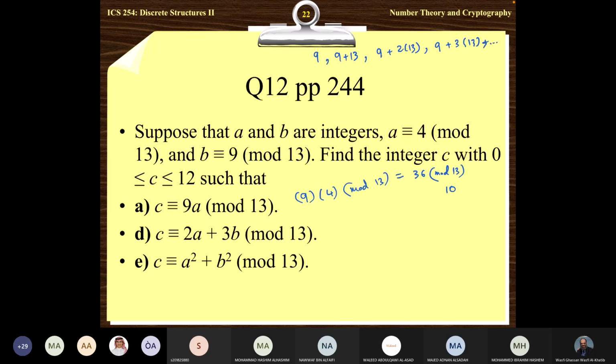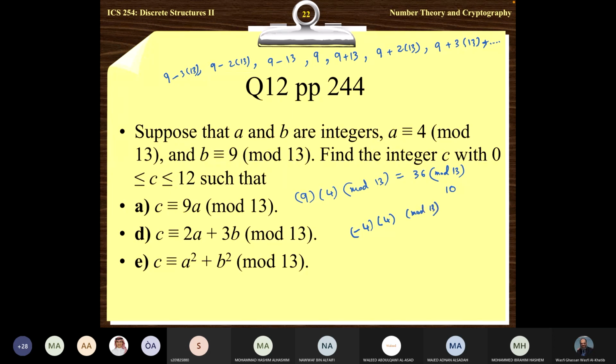All of these numbers, 9 minus 13, 9 minus 2 times 13, all have the same value mod 13, right? So 9 mod 13 is minus 4, right? So I can say here minus 4 times 4 mod 13.